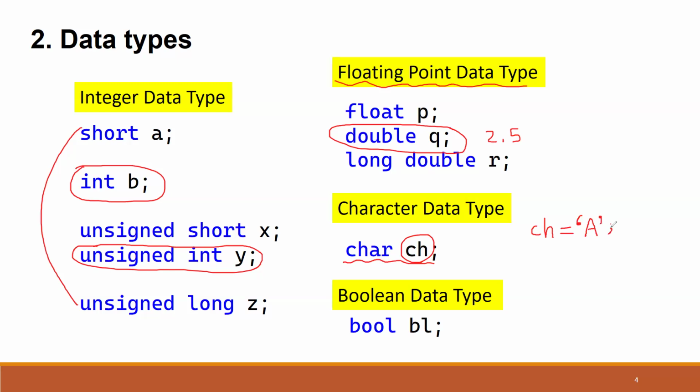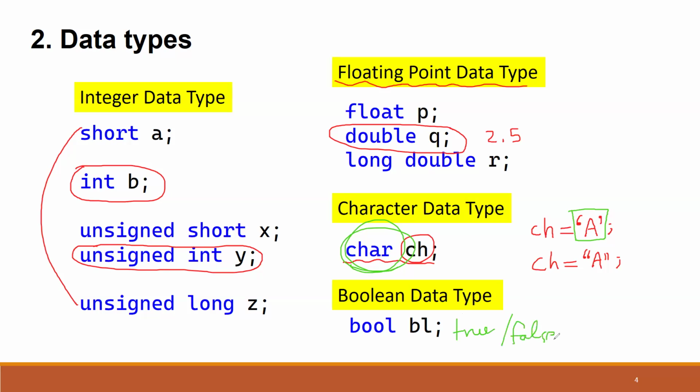And this is not correct: if you have double quotes, this is wrong. Double quotes are not allowed. So if you use char, remember one single quotation is needed. And Boolean data type has a true or false value.